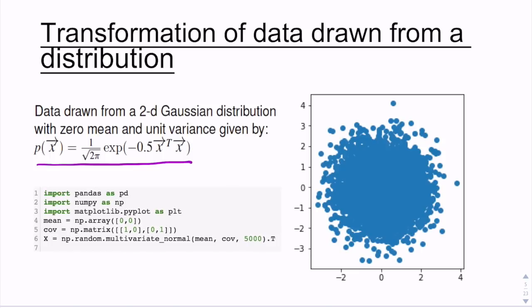I generate this data using a very handy function from the random library called multivariate normal, where you pass the mean vector, covariance matrix, and the number of samples you want to draw from this distribution, and then X would be a matrix whose columns are samples drawn from this distribution.